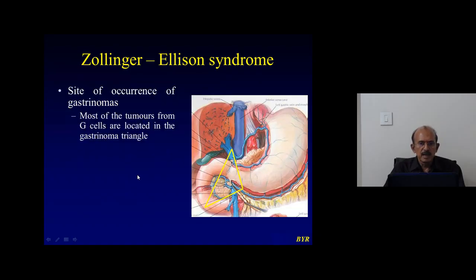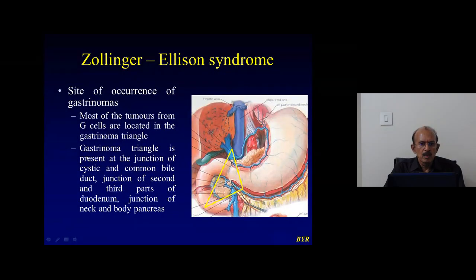Site of occurrence of gastrinomas: most of the tumors from G cells are located in the gastrinoma triangle. This is also called Passaro's triangle. The gastrinoma triangle is present at the junction of the cystic and common bile ducts, then the junction of the second and third parts of the duodenum, then the junction of the body and neck of the pancreas.